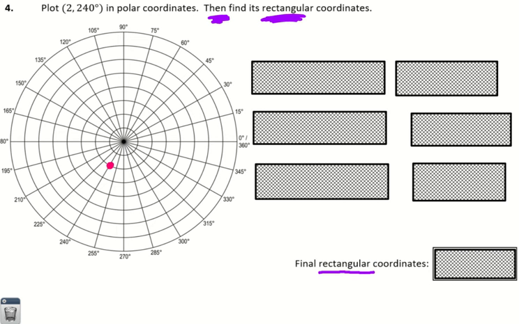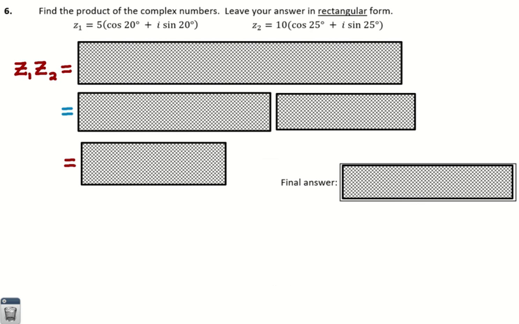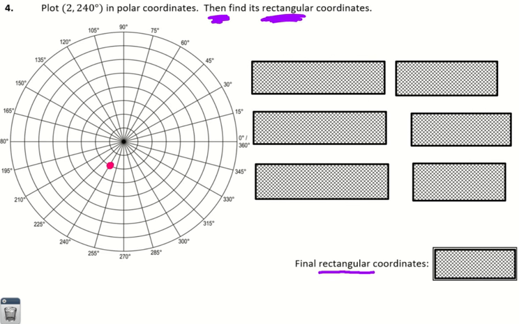But the first thing you're going to do is find the... oh, wait. Never mind. I'm thinking of something else. I'm thinking of rectangular form. That's why I already have this underlined in number 6, so I'll reemphasize that in number 6, because of course it's going to be rectangular coordinates. That's the only thing we can do.